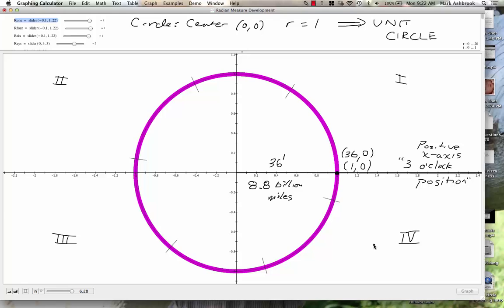I don't even know if that's realistic for the radius of the orbit. Something in space has a radius of 8.8 billion miles. How can the radius be thought of as 1? 1 radius length. And so in that case, 1 radius length is equivalent to 8.8 billion miles.